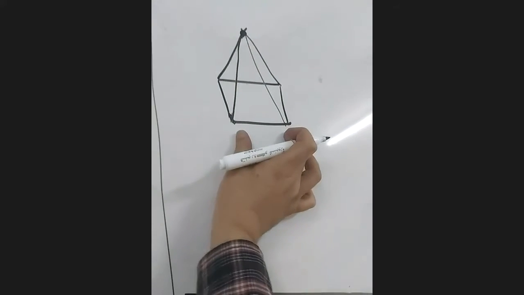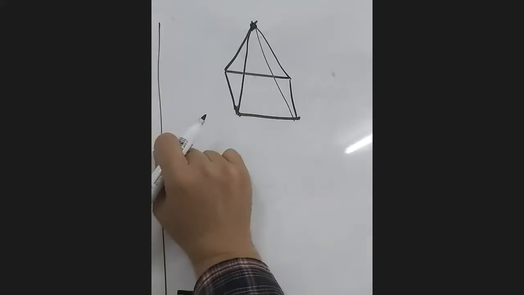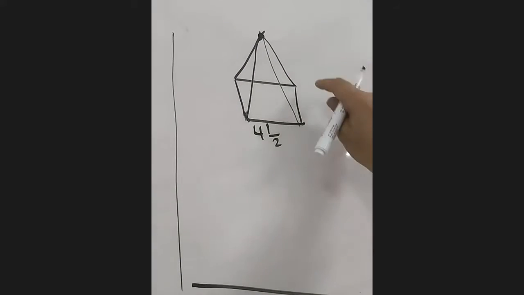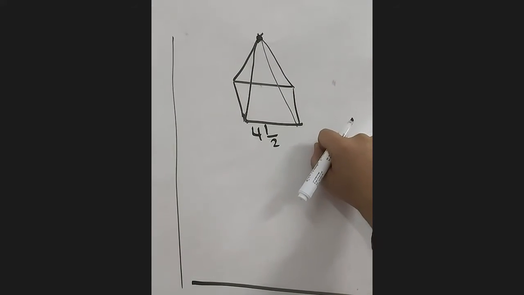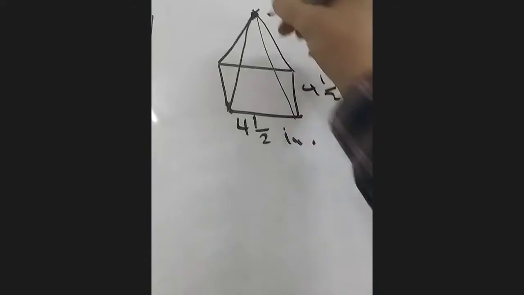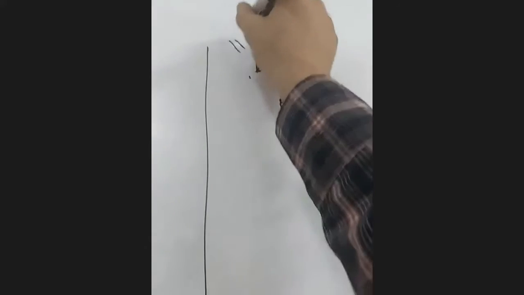What's the length here? 4 and 1 over 2. 4.5. And here? Same. 4 and 1 over 2. 4.5, 4.5. Good. So here we have 4.5 and here we have 4.5 inches, right? And the height here is given. How much is the height of the pyramid? 11 and 1 over 4.